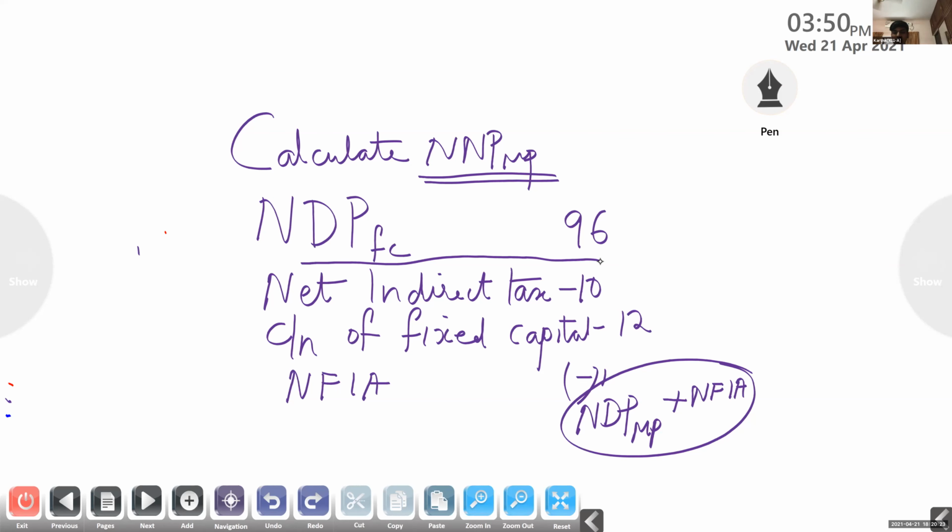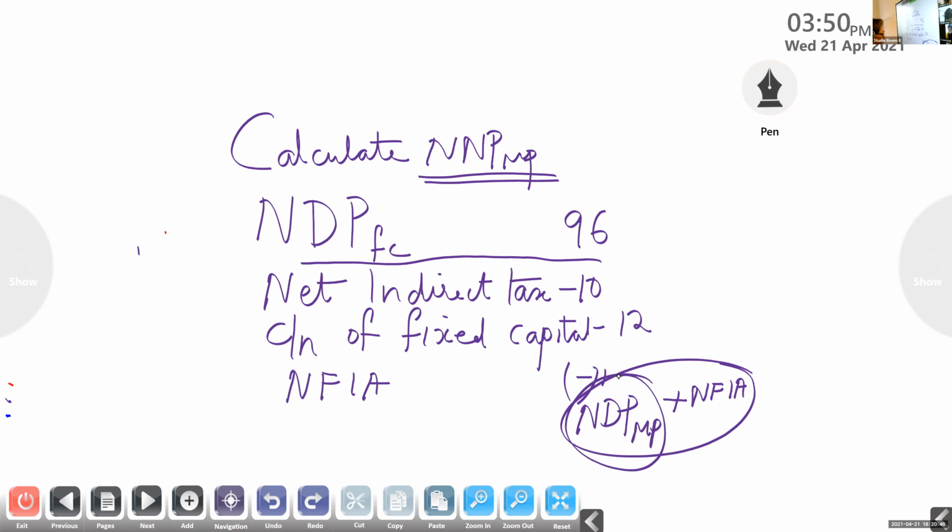NDP-FC is equal to NDP-MP minus indirect tax plus subsidies. So start doing, find out this NDP part alone, then we can add NFIA. From this, NDP-FC is 96.